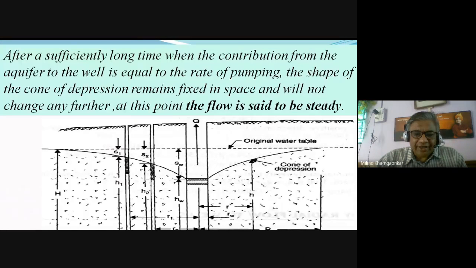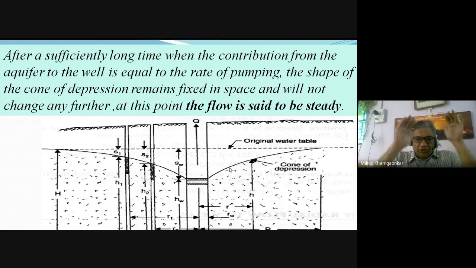Its radius of influence will increase, and this continues till the rate of outflow from the pump and the rate of inflow from the aquifer, both this rate of the water will be equal. At this point, this cone of depression will regain a constant shape. फिर वो नीचे भी नहीं जाएगा और ऊपर जाने का तो सवाल ही नहीं.